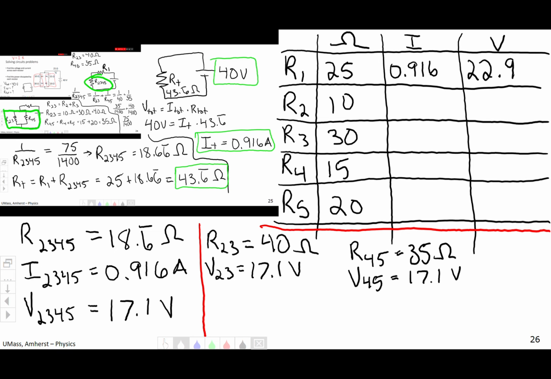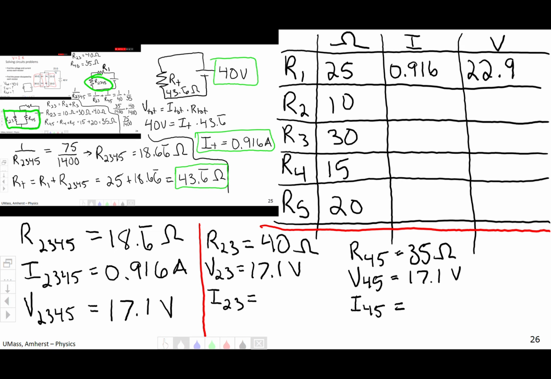So now we know that R23 and R45 have to have the same potential drop across them. That means we can use Ohm's law to find the current through each of these. I will do that quickly.